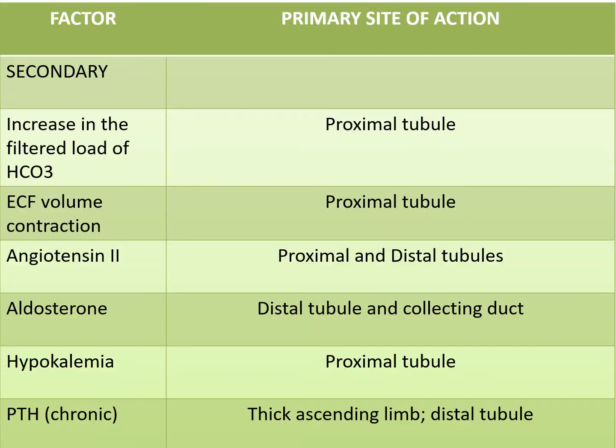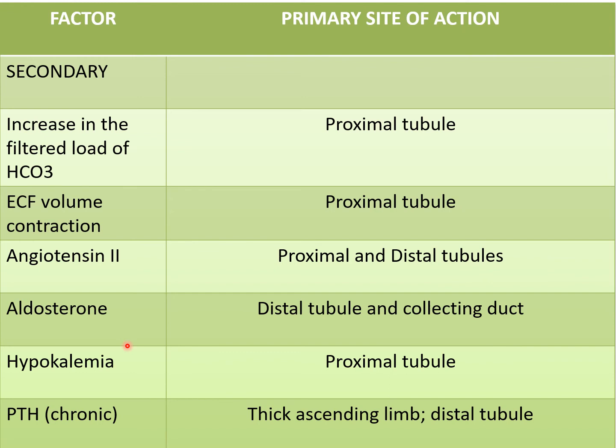Now for the secondary factors, increasing the filtered load of your bicarbonate will have an effect on the proximal tubule. Extracellular fluid contraction will exert its effect on the proximal tubule, while the presence of your angiotensin II will be affecting your proximal and distal tubule.